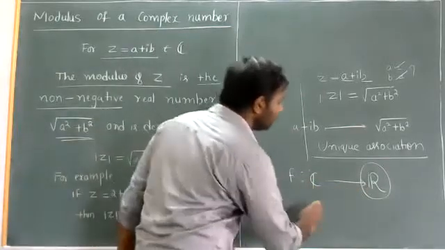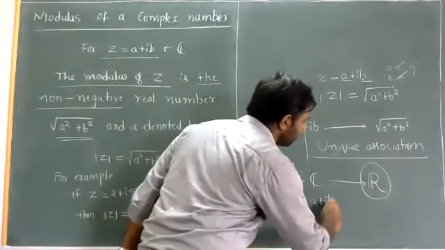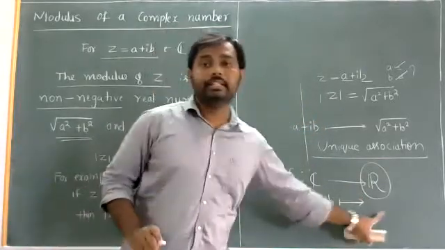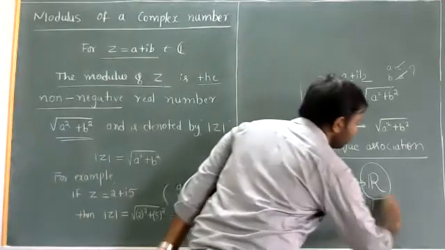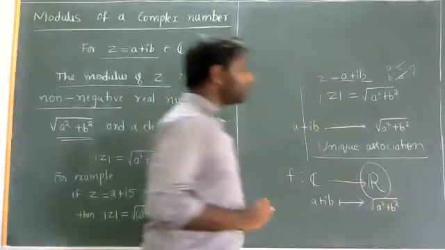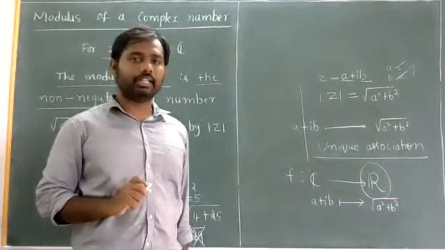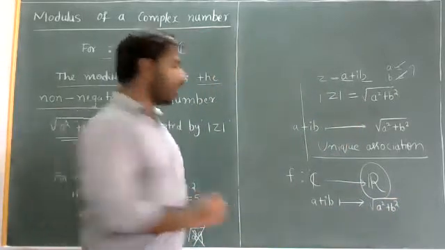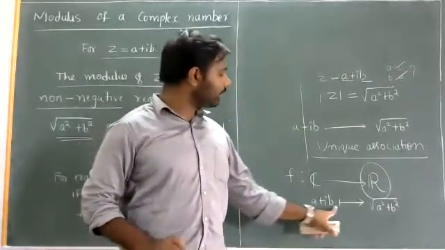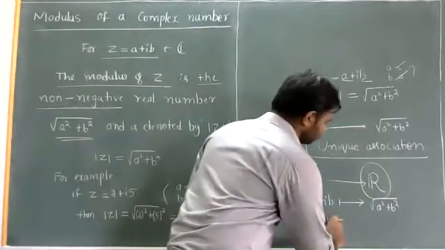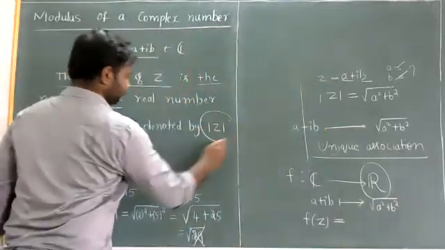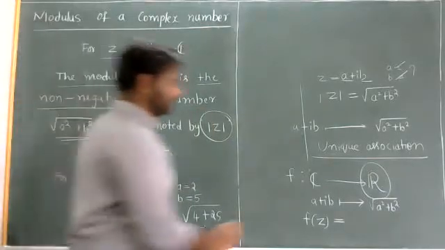So it is a real value function defined by, how are we defining it? Every complex number a plus ib is mapped to the non-negative real number square root of a square plus b square. Or symbolically, if I take the complex number a plus ib to be z, square root of a square plus b square will be modulus of z.